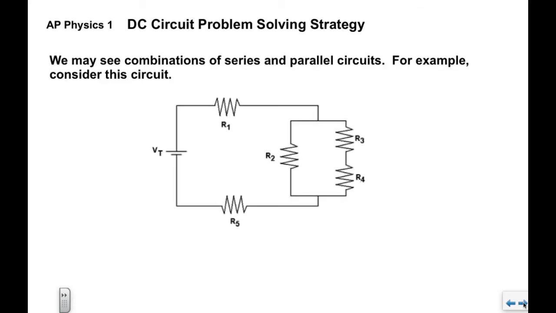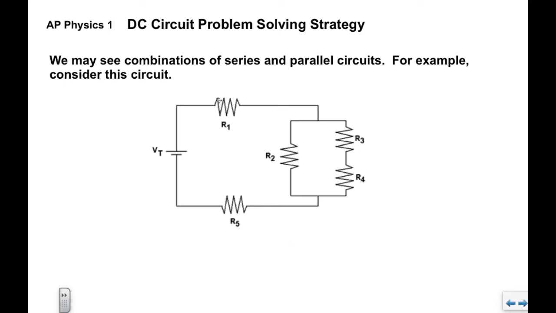We may see combinations of series and parallel circuits in the same circuit. For example, we have one here. Here's V sub t, the battery. We have R sub 1, R2, 3, 4, and 5 in this particular arrangement.